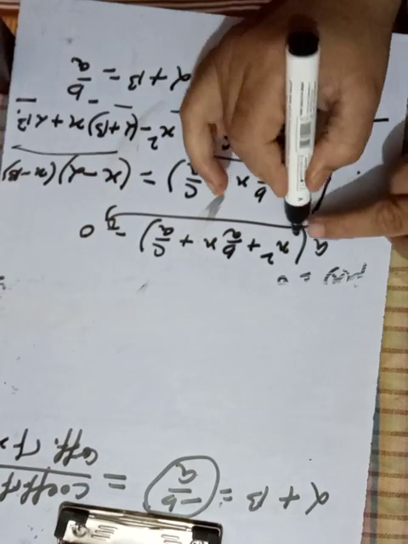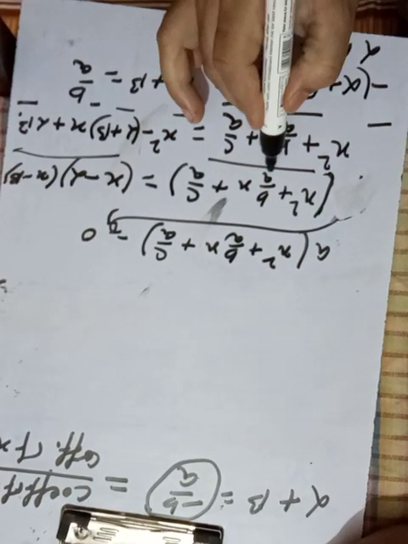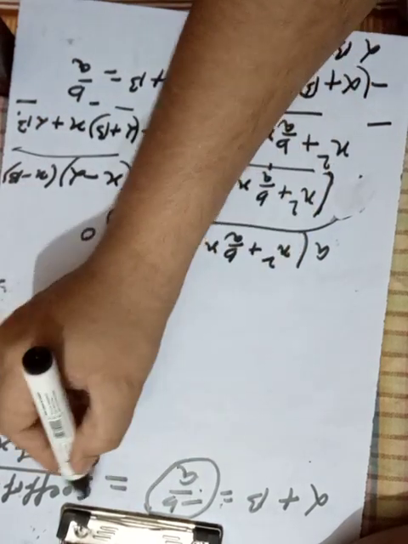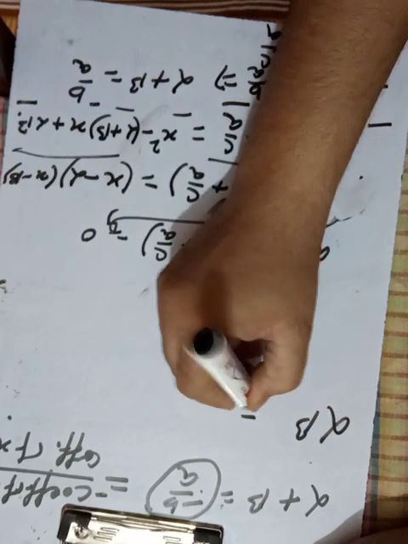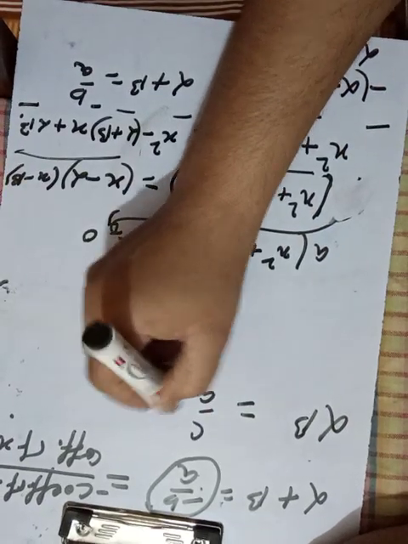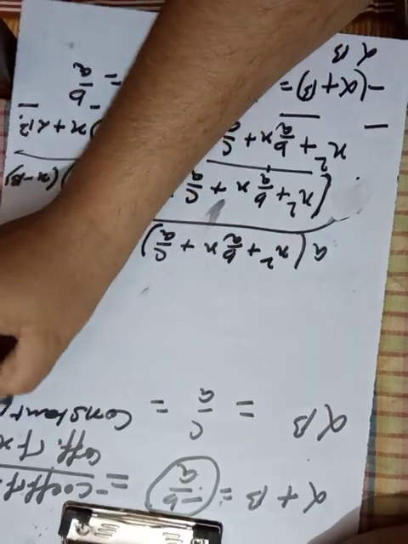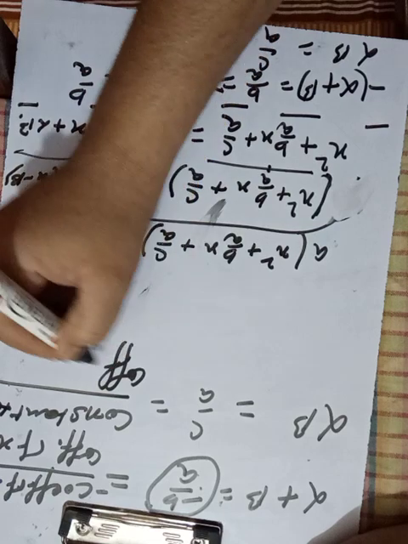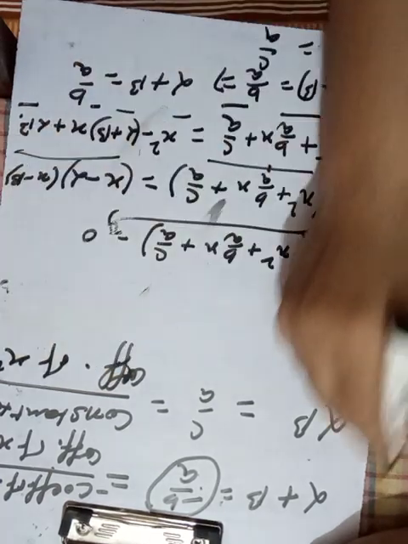What was a? A was the coefficient of x square in ax square plus bx plus c. And what is the sign here? Minus. So we put a minus sign. And what is alpha into beta? This becomes c by a, which is our constant term by the coefficient of x square. So you have to understand this.